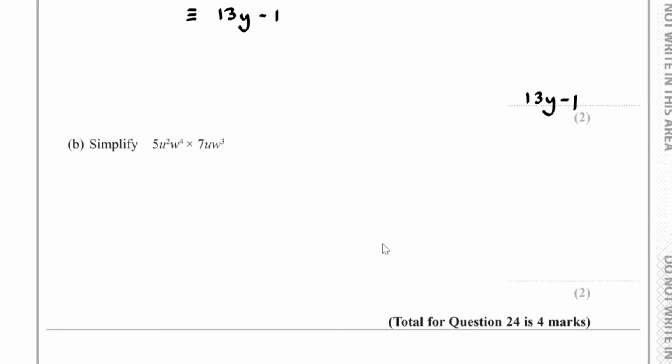For part B we have to simplify 5u squared w to the 4 times 7 u w cubed. Well, when we have the same base number, we add the powers. Now, first of all, 5 times by 7 is 35. Then I've got u to the power of 2 times by u to the power of 1. So I add the powers in this case.